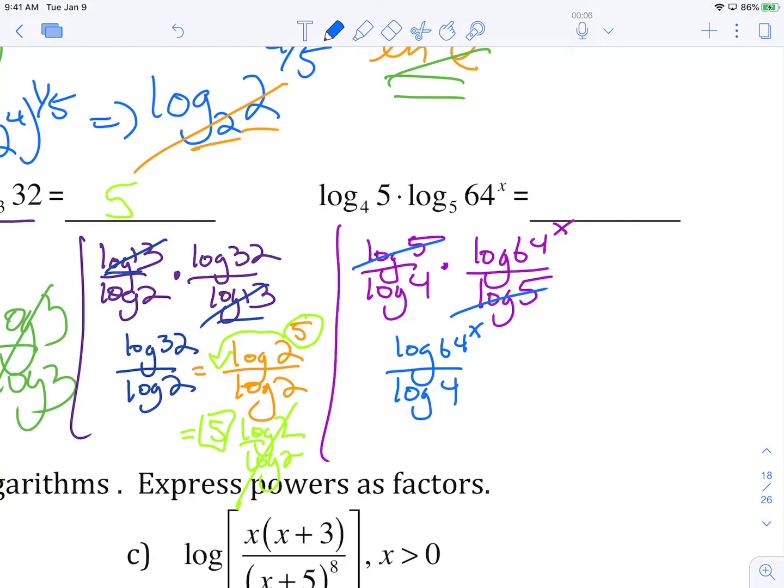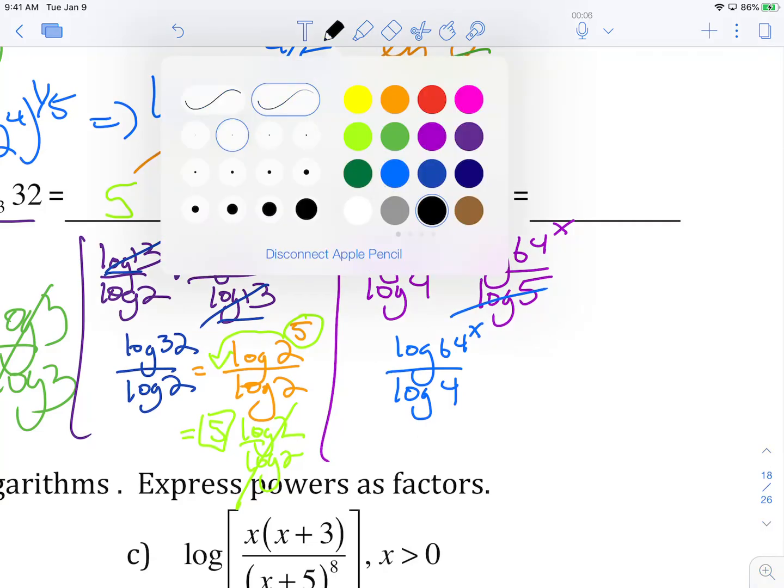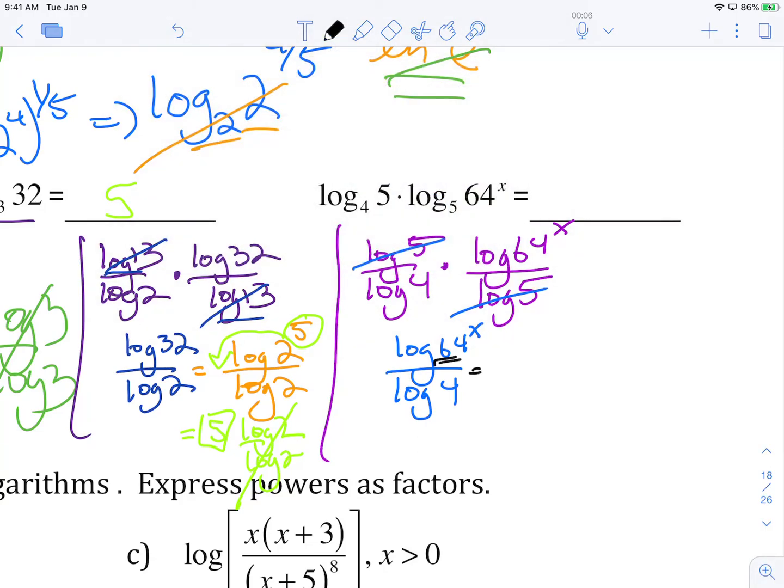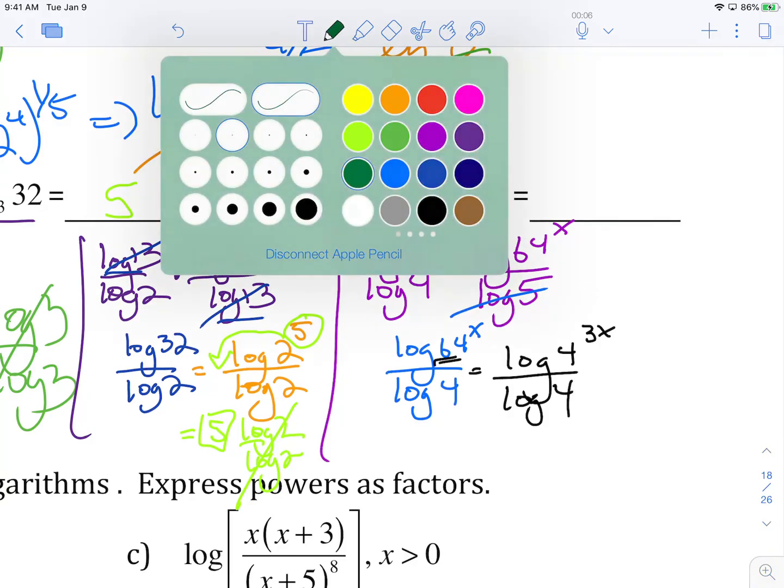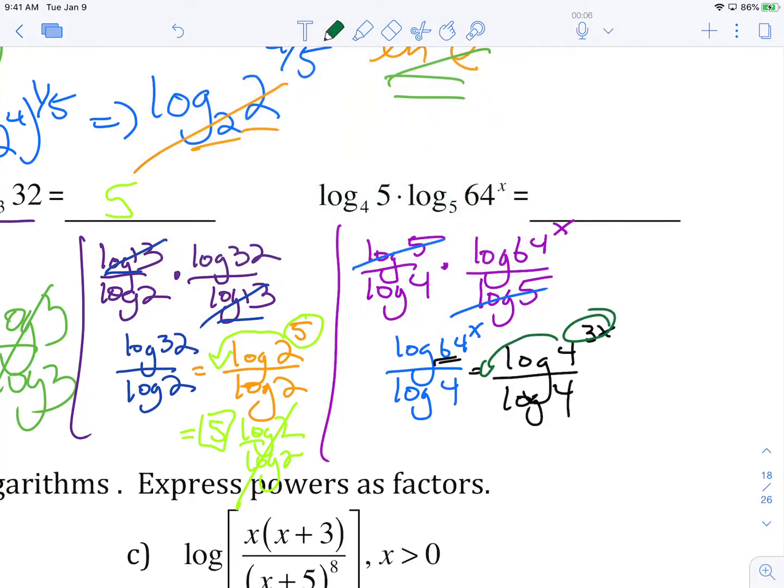And I know, and again, hopefully you know, that 64 is a power of 4. So I can rewrite this as log of 4 to the 3x power over log of 4. And from here, use that nice property we have of logarithms. This becomes 3x times log 4 over log 4, which is just 3x.